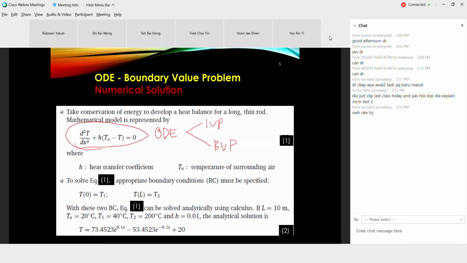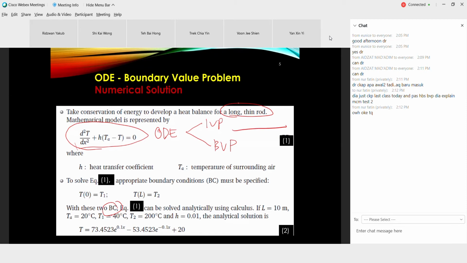such as with these two boundary conditions, equation 1 can be solved analytically using calculus. If we use boundary conditions, we know the initial and end points, and in between we would like to observe what happens along this long, thin rod.